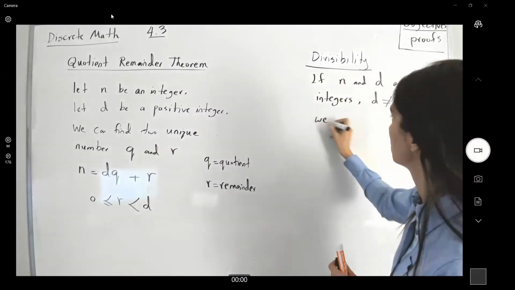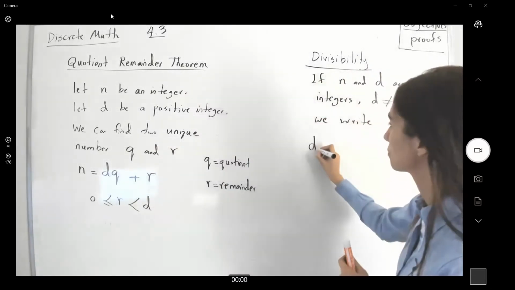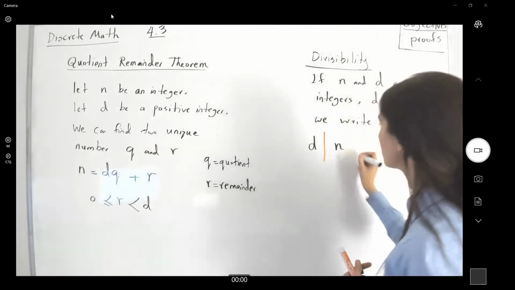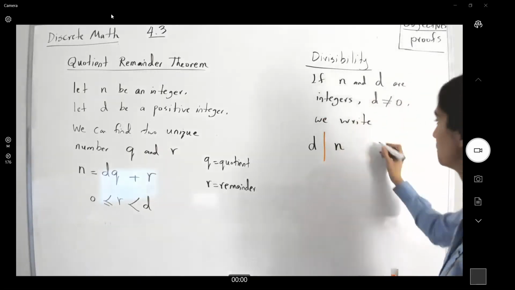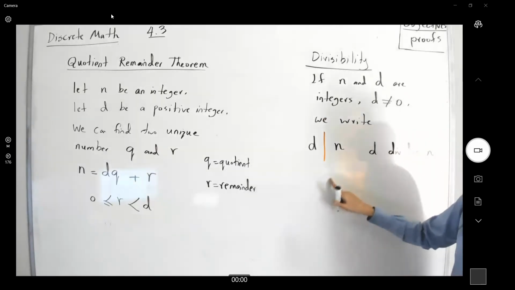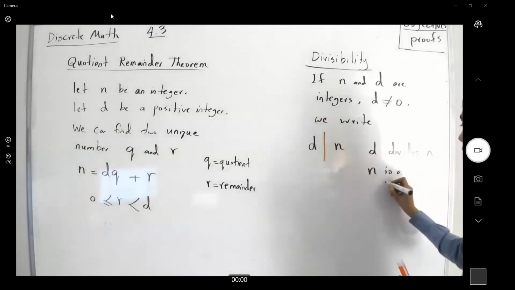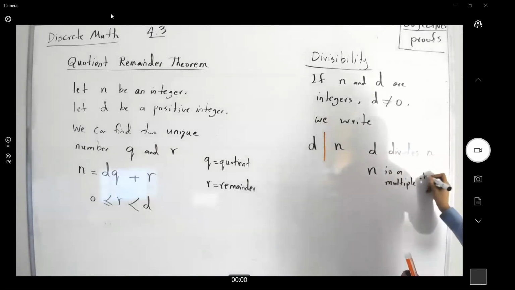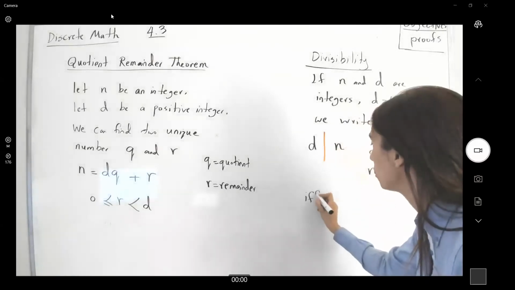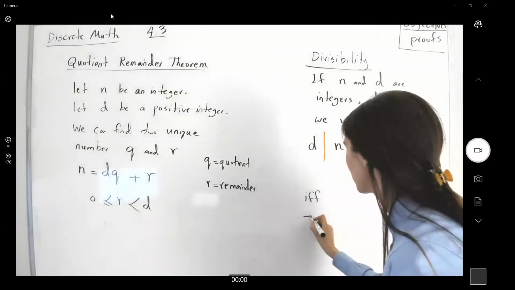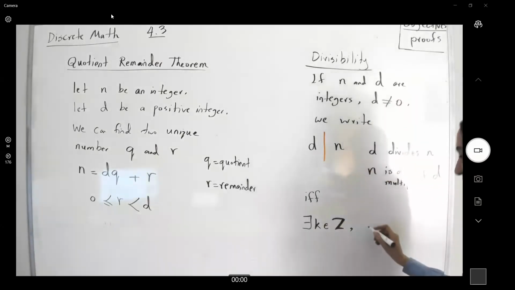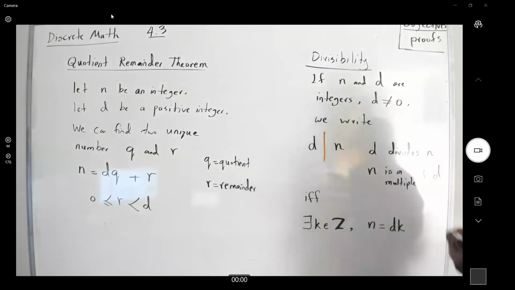We write d, a vertical line, n, and we read it as d divides n, n is a multiple of d, d is a factor of n if and only if there is an integer like k such that n is d times k.